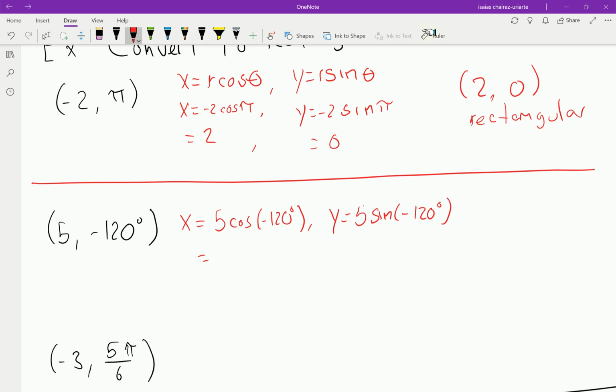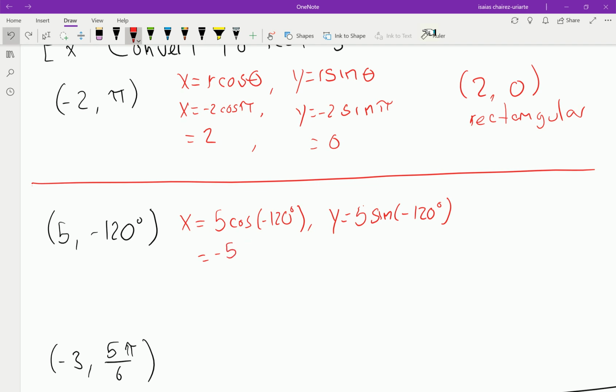What is sine of negative 120? Cosine negative 120, that's quadrant 3, so this is going to be negative. And sine of negative 120, this is going to be negative. Let me look at my unit circle here. Cosine negative 120 is negative 0.5.